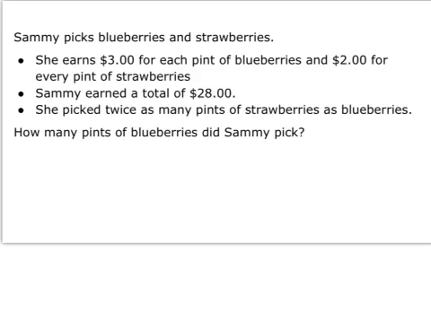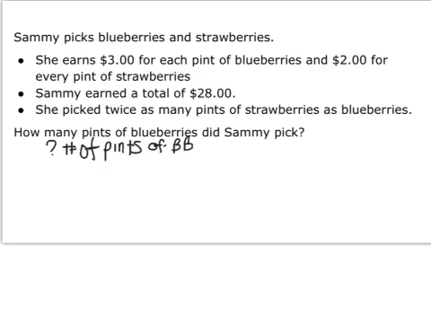So here I am looking for, I'm going to pick out my question. My question is asking for the number of pints of blueberries. Just going to put BB to shorten it.